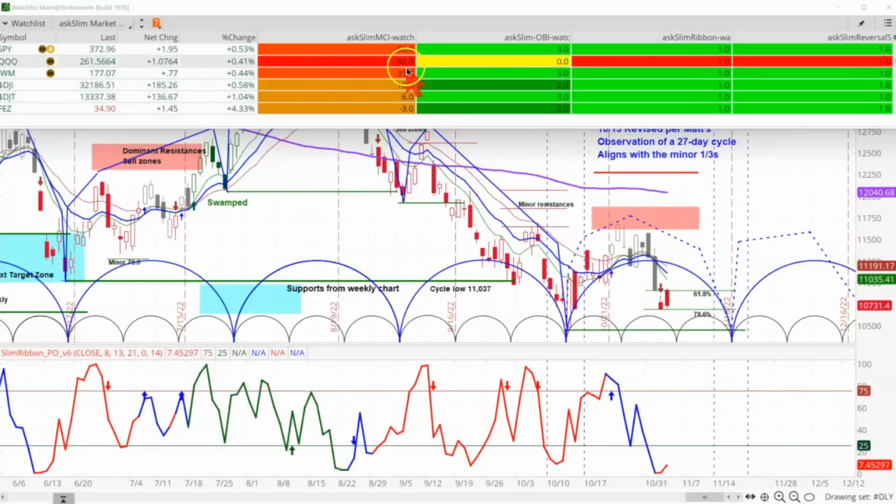The NASDAQ is terrible. Actually, it's moved to neutral, where all of the other indexes have moved to green on the option bias indicator. That's what you use to decide whether or not you want to be long or short in your option positions, and it really helps you. This is the slim ribbon, which is right on this page, and you can see still negative here on the QQQ as it is in the reversal scout.